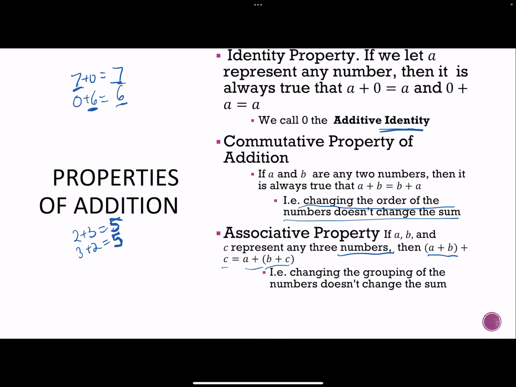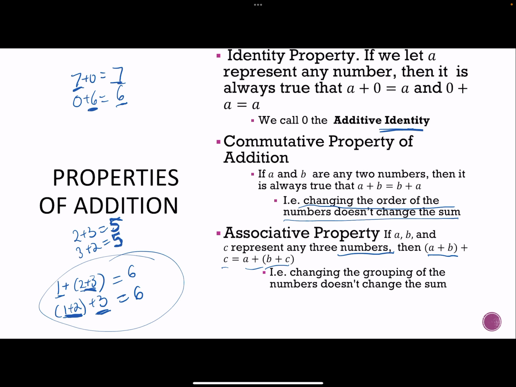We need to use PEMDAS and all those things, but changing the way they are grouped isn't going to change our answer. So for example, for 1 plus 2 plus 3, 2 plus 3 is 5, plus 1 is 6. And if I group 1 plus 2 first, that's 3, plus 3 is 6. See, changing the way these numbers were grouped didn't change the sum.